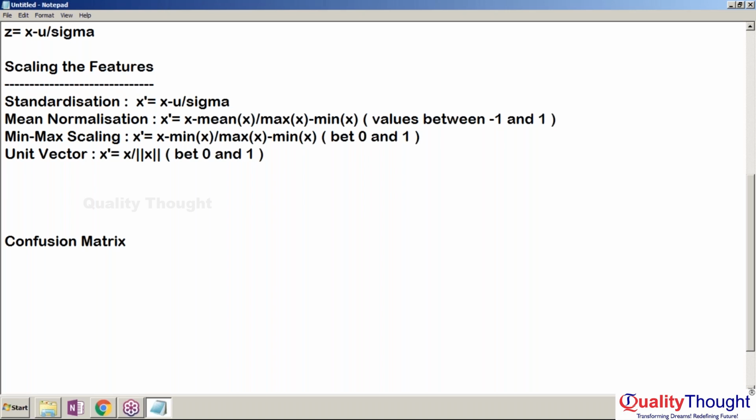And also gradient descent. Gradient descent is something used to identify the right weight at the right point, which we did not discuss and which needs to be discussed. So scaling can speed up the gradient descent. Okay.